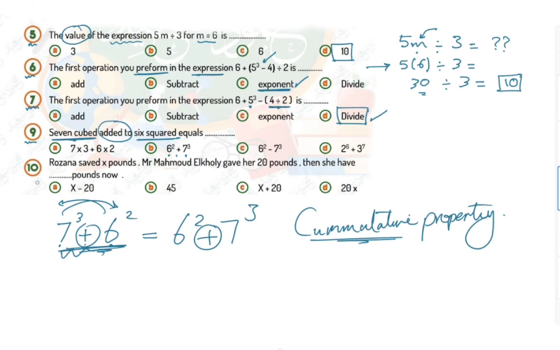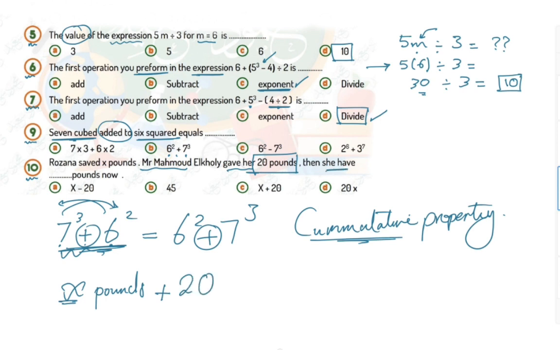Okay, last point of the choose question: Rosanna saved X pounds. She has now X pounds. And Mr. Mahmoud gave her 20. She already has X, and he gave her, meaning addition, 20 pounds.